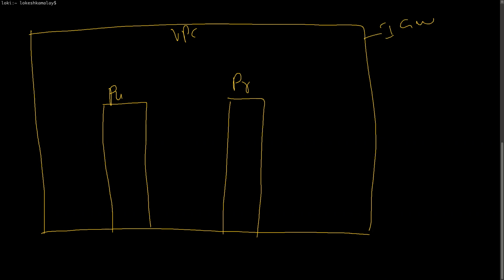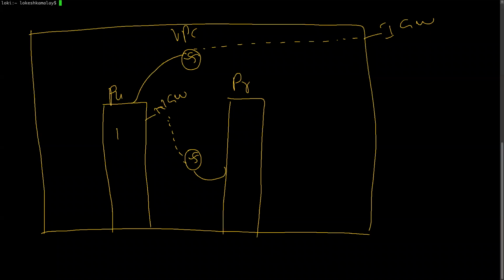I have one router that manages the traffic for the public, and I have another router that manages my traffic for my private. And then we have created one NAT gateway service. We added private to the NAT gateway and public to the internet gateway.